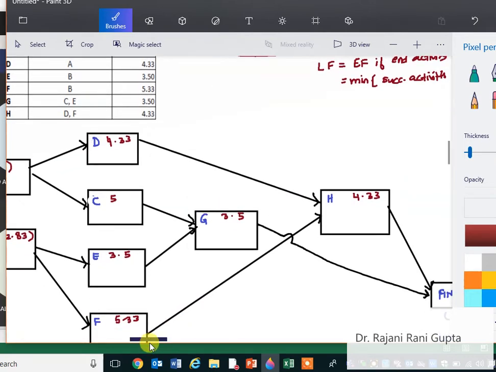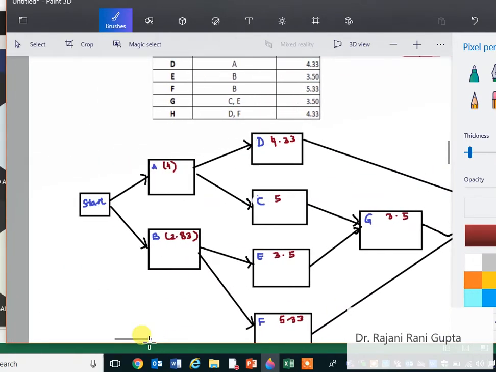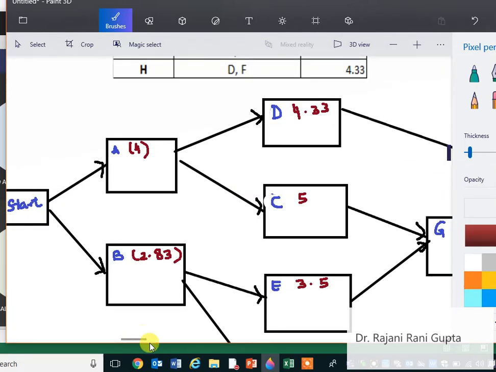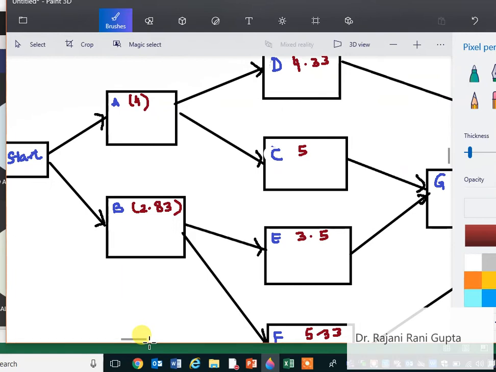So let's start here. Now as we know that A and B are the initial activities, early start for them is 0, and here also the early start will be 0. Now what will be the early finish? 0 plus 4, so it will be 4.